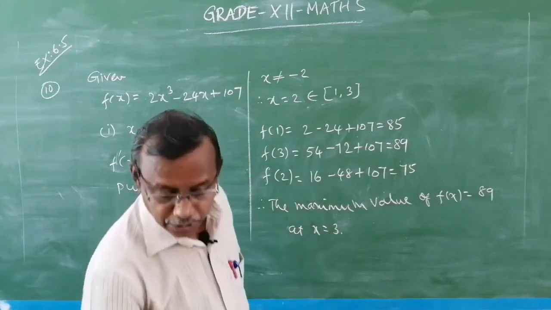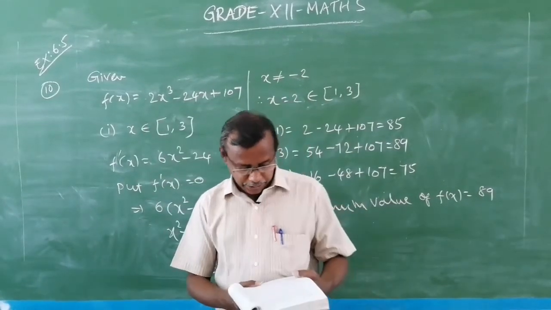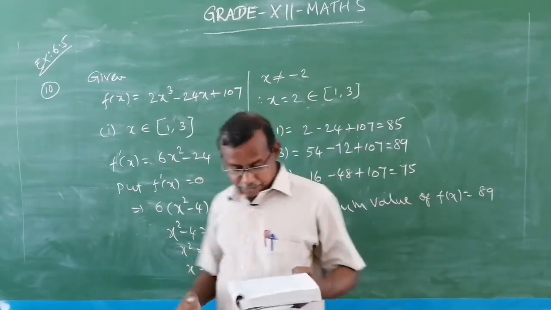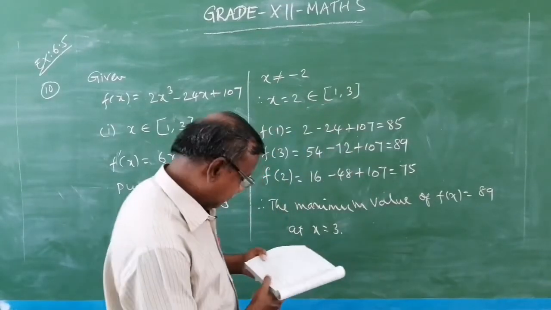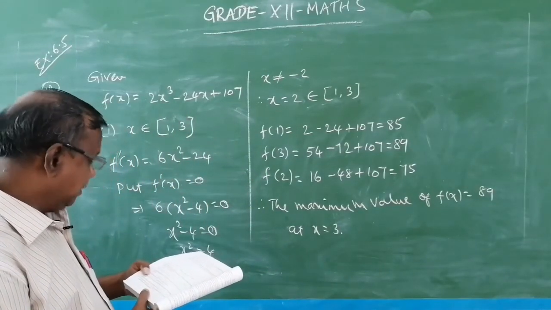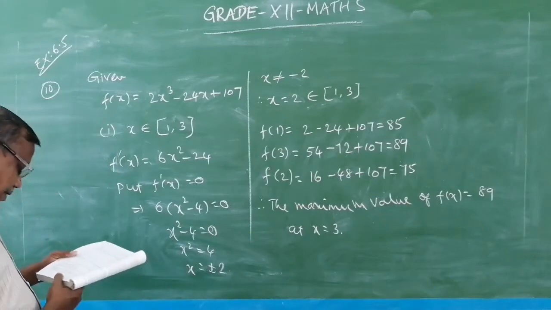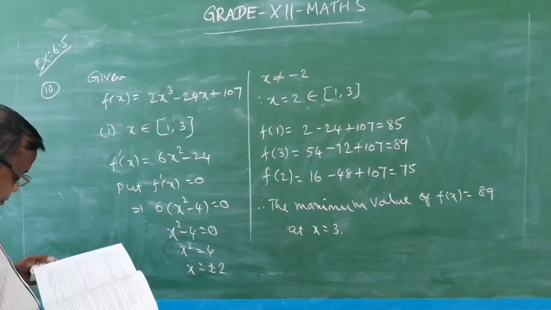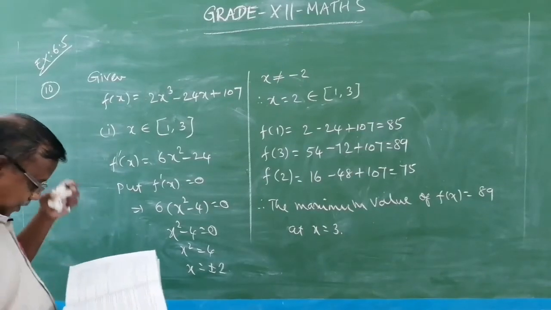Now similarly you can do the other part, that is the same function for the different interval, minus 3 comma minus 1, which we are given. So it is easy for you to find the maximum value occurring at these values. So I give you the second part as homework.